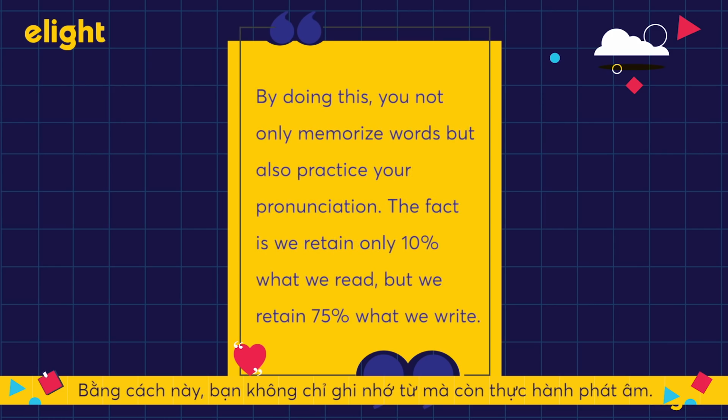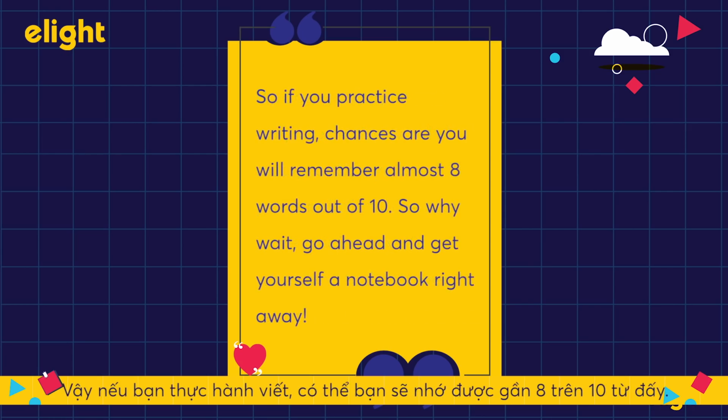By doing this, you not only memorize words but also practice your pronunciation. The fact is, we retain only 10% of what we read, but we retain 75% of what we write. So, if you practice writing, chances are you will remember almost 8 words out of 10. So, why wait? Go ahead and get yourself a notebook right away.